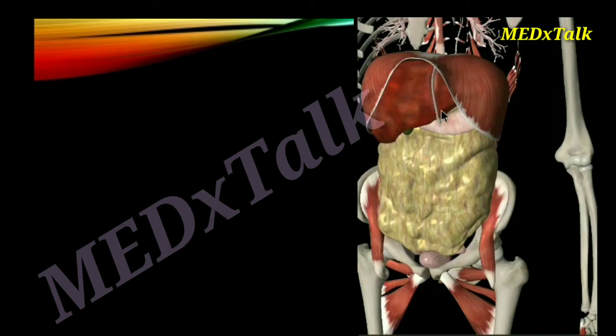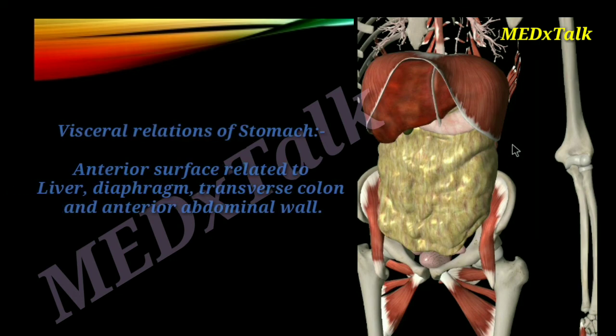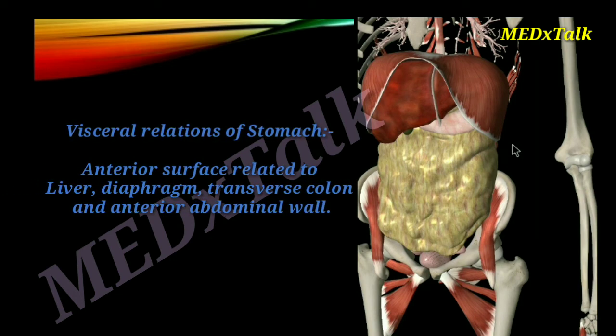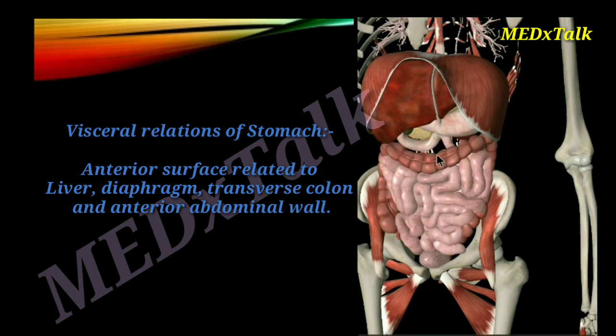Now we discuss the visceral relations of the stomach. The anterior surface of the stomach is related to the liver, diaphragm, transverse colon, and anterior abdominal wall.